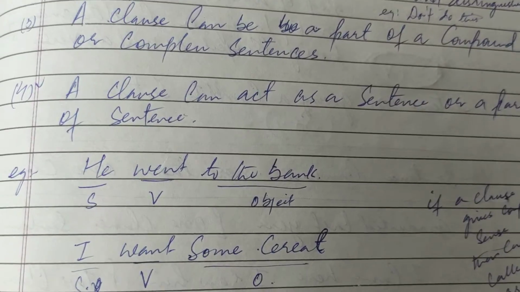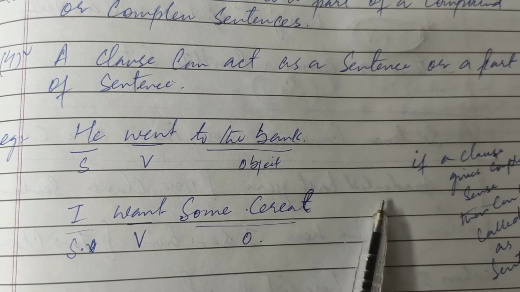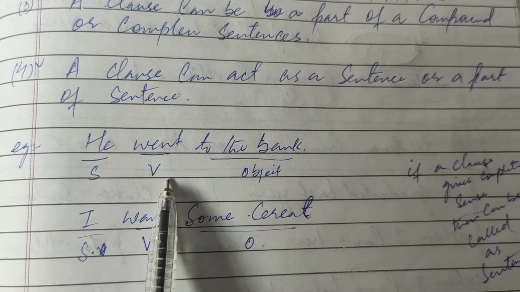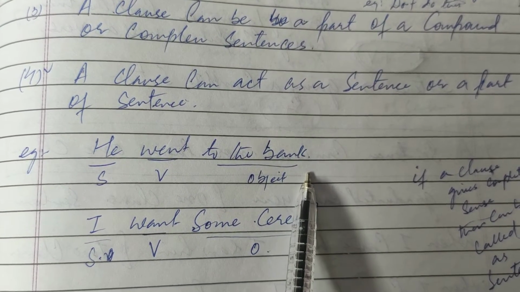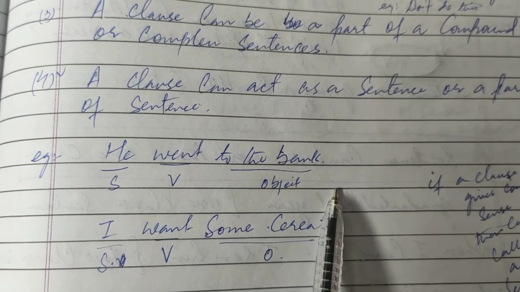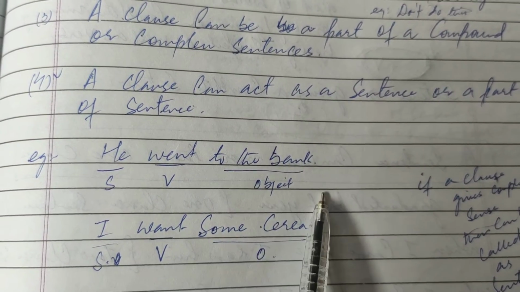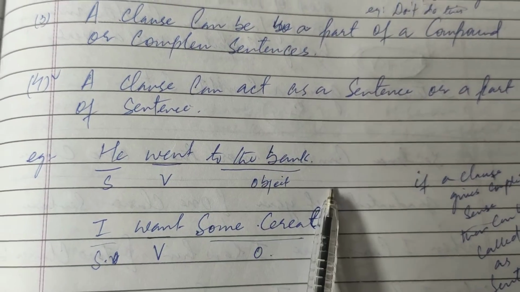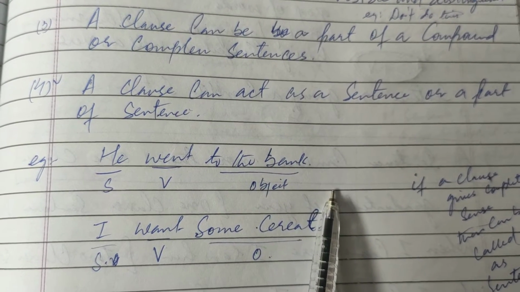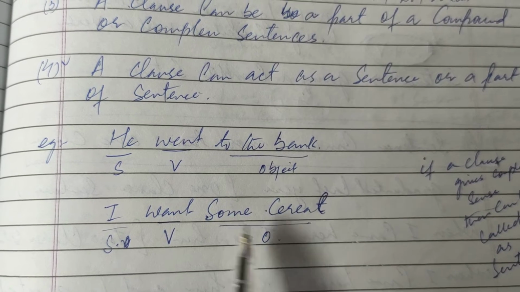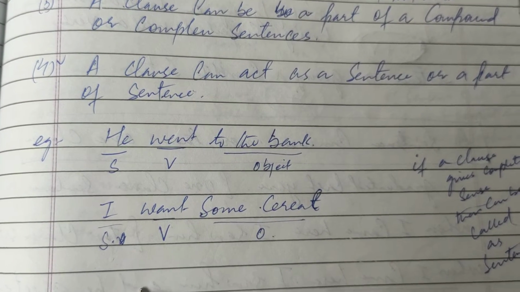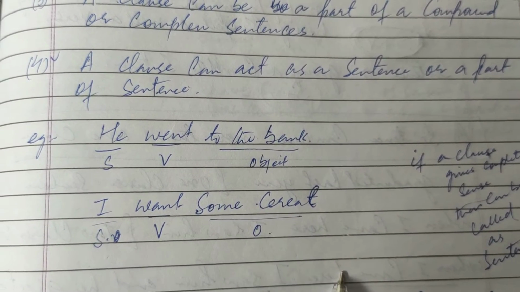Example, he went to the bank. Here it is the combination of subject plus verb, and there is also another thing in the sentence, an object we can say. So he went to the bank. We can say that this sentence is a sentence as well as a clause. I want some cereal. So I is the subject, want is the verb, some cereal is the object.